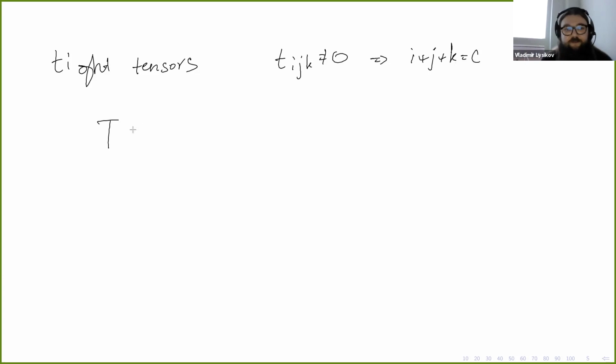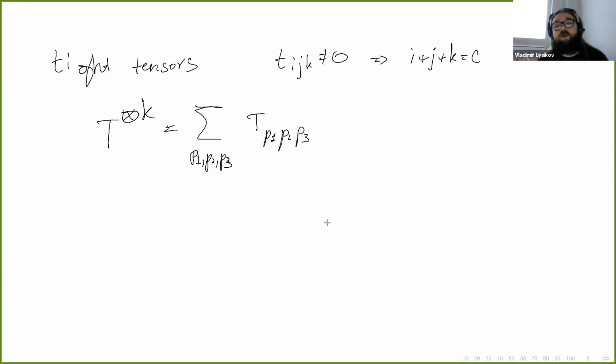And again, if we take a high tensor power k and decompose it into blocks with different probability distributions, the first thing we prove is that these blocks are what's called semi-simple tensors.